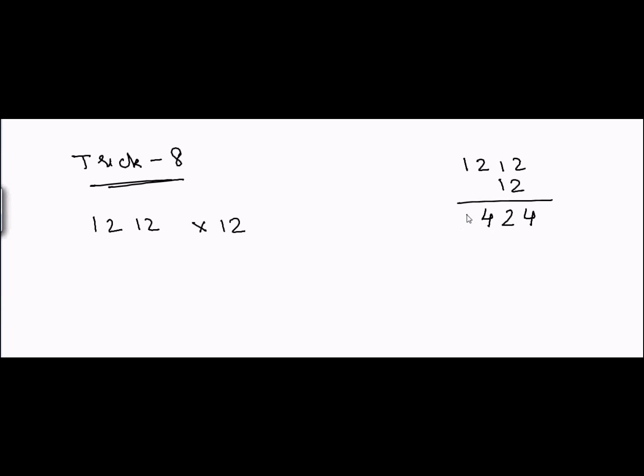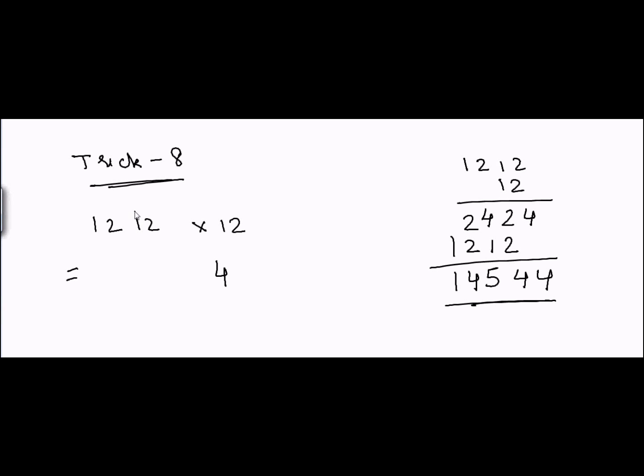So how will I do it in this case? I take 2 and multiply by 2, so that is equal to 4. Then I take the second number, that is 1, so I multiply 1 by 2, and then add the 2, so I'll say 4.